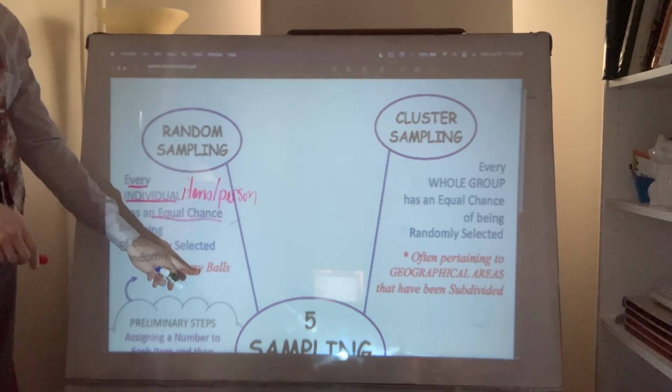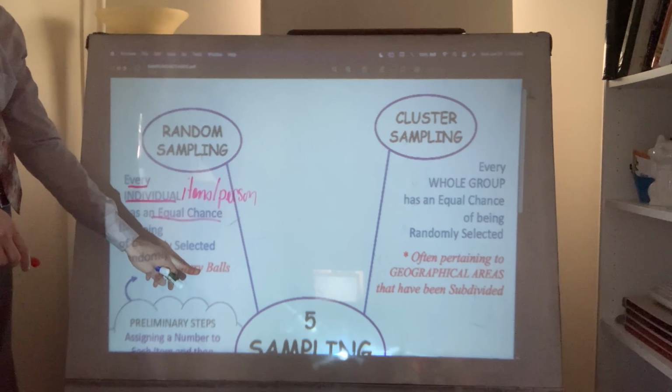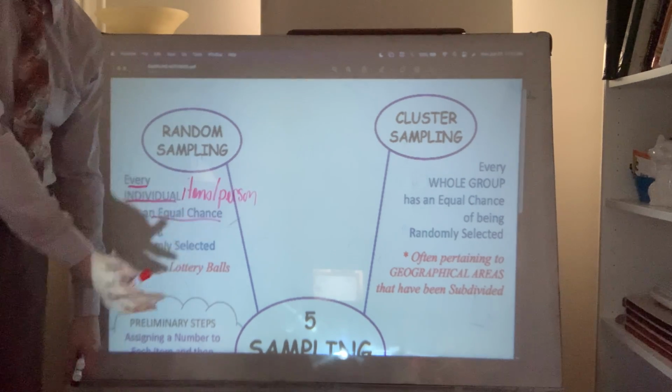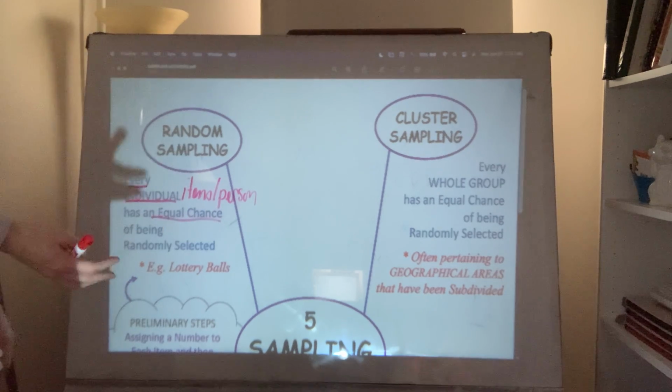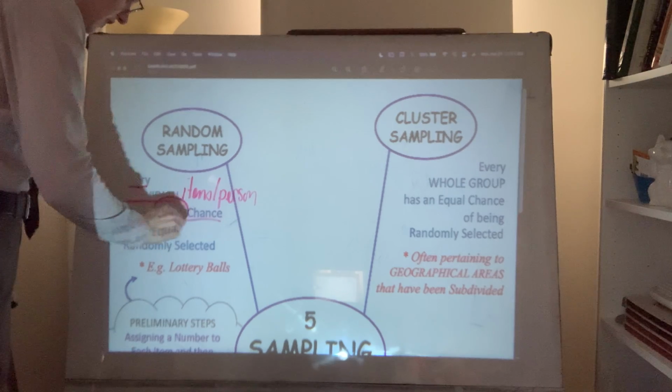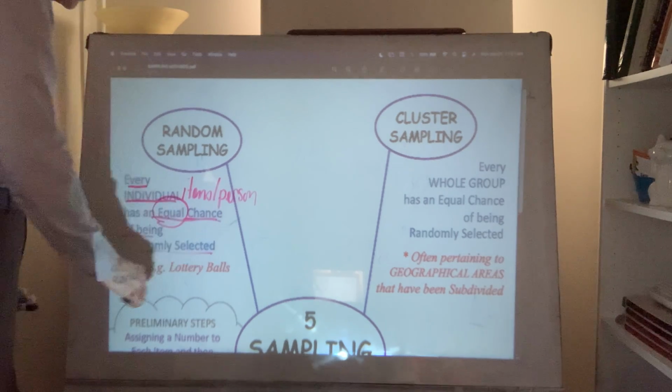If you have 100 of them, on the very first draw, unless somebody's cheating, any one of the balls has an equal chance of being selected. And that's still true even after you do it again, and again. They all have an equal chance of being selected.